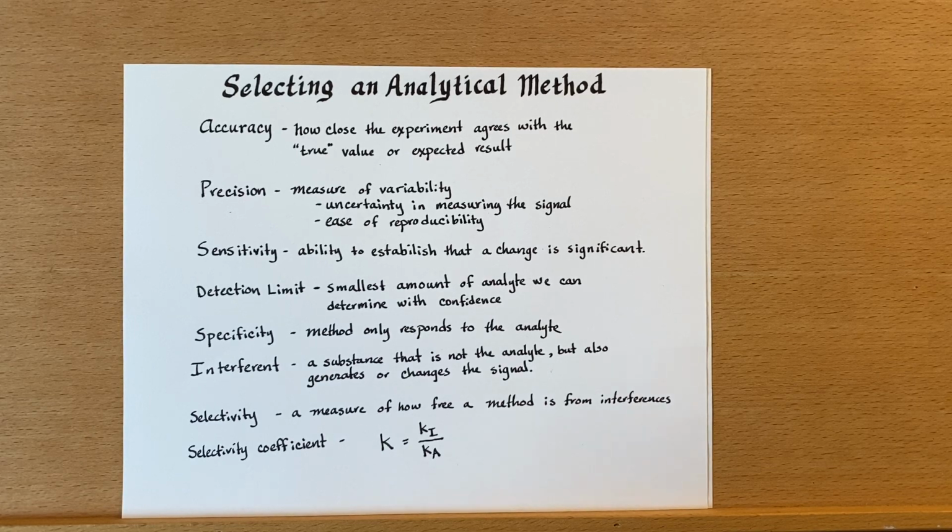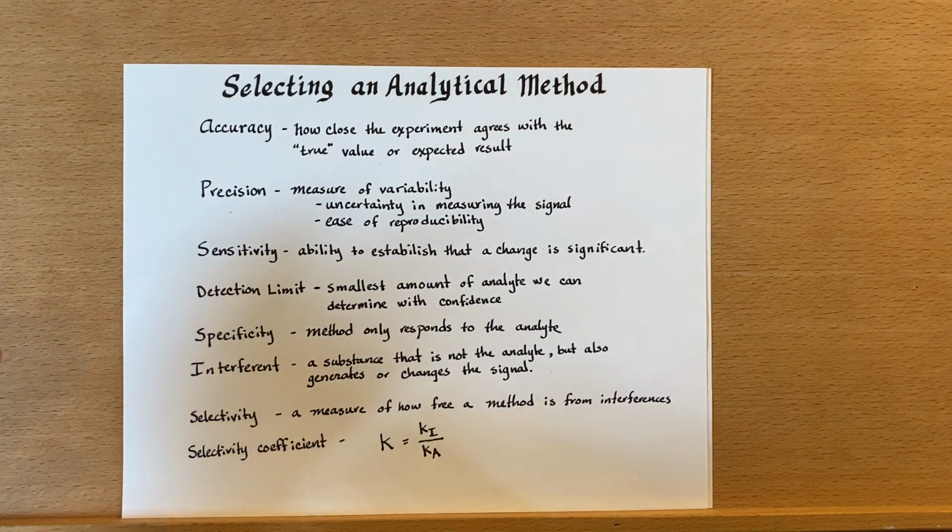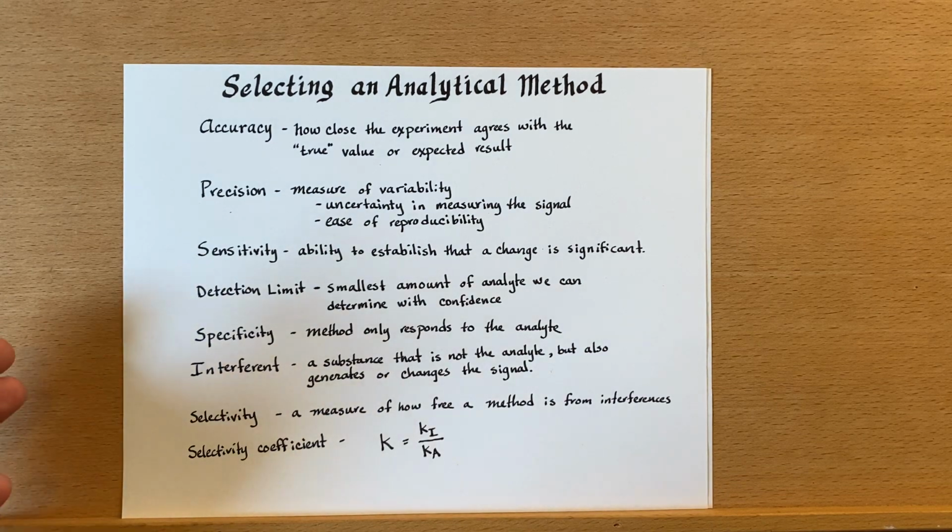Right, now we need to know how to go about selecting an analytical method for a particular analysis. Now, if we're not following some protocol or a particular procedure, we may find ourselves having to decide between using one method or technique to analyze a sample and another.